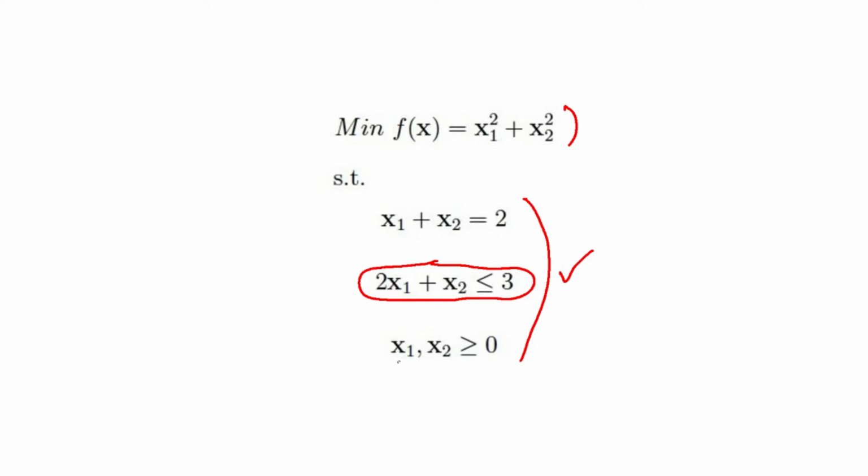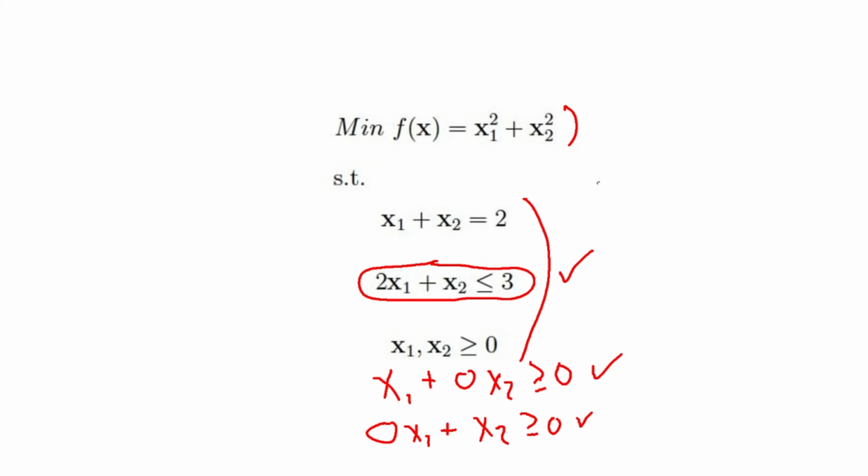Let's look at the constraints down here. x1, x2 is greater than or equal to 0. The first one, x1 greater than or equal to 0, can be written as x1 plus 0 x2 is greater than or equal to 0. And that's a half space. So that's also convex. And then we can write down 0 x1 plus x2 is greater than or equal to 0. And that's a half space, so that's also convex.